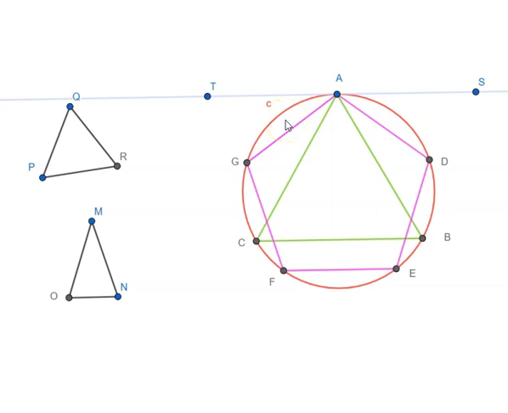We know a pentadecagon has 15 sides. So A to G will have how many equal segments of the 15? The pentagon cuts the circle into 5 equal parts, and there are supposed to be 15 equal parts of the circle.